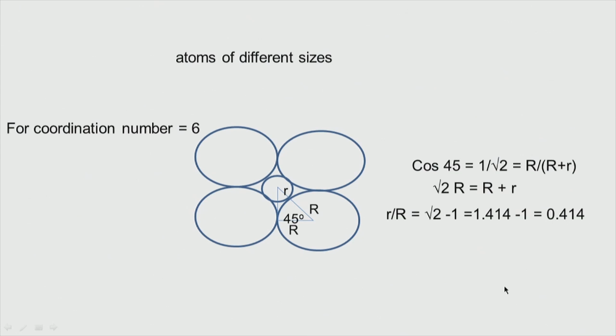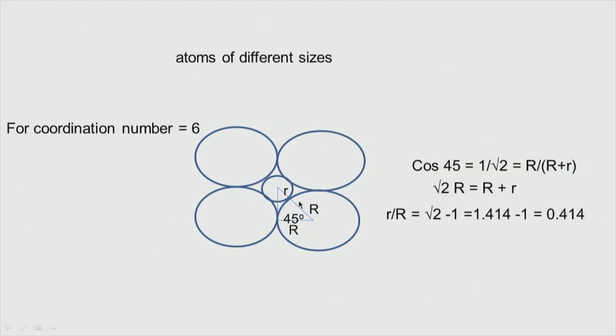That means I can fit exactly a smaller circle which will have a radius equal to 0.414 of the bigger radius. If I have a smaller one, of course this smaller circle will not touch all of them. If I have a bigger one, it is going to dislocate or shift all of these things. So you have to keep that in mind.